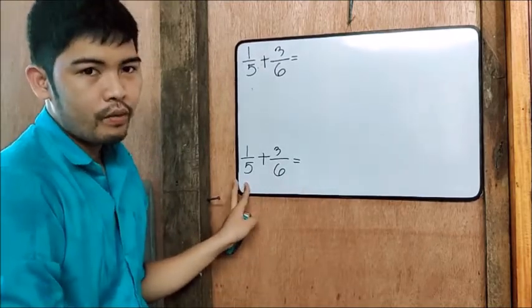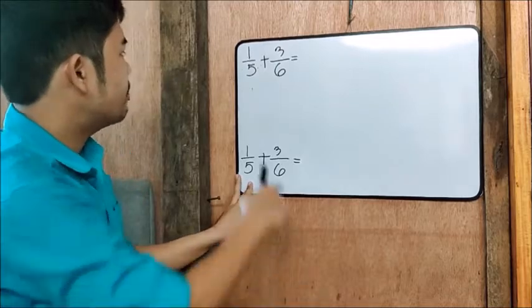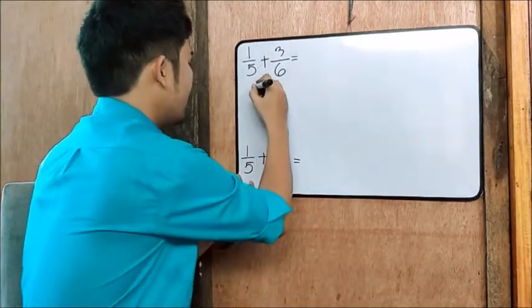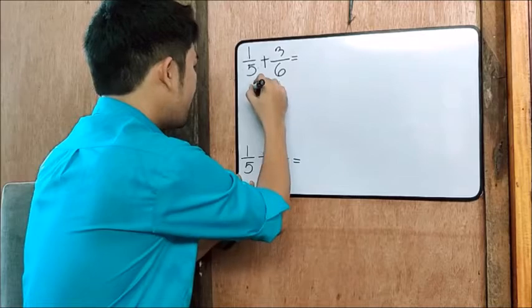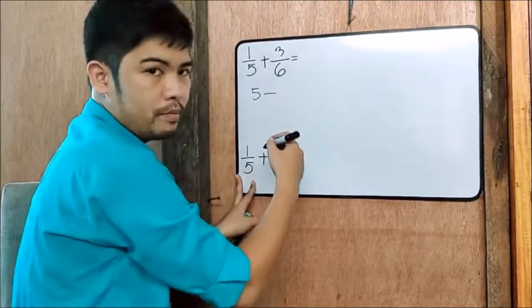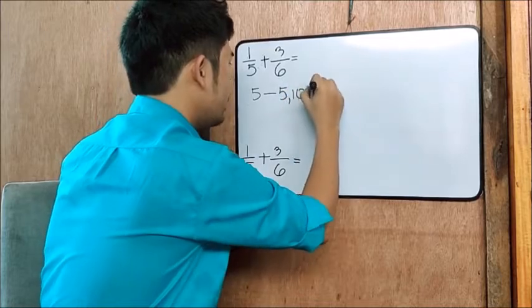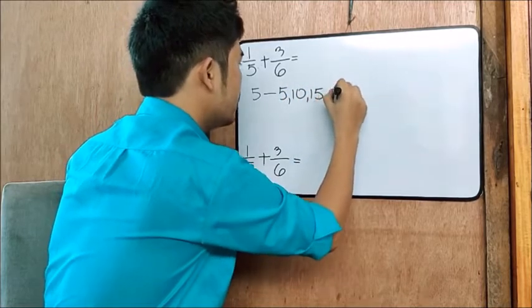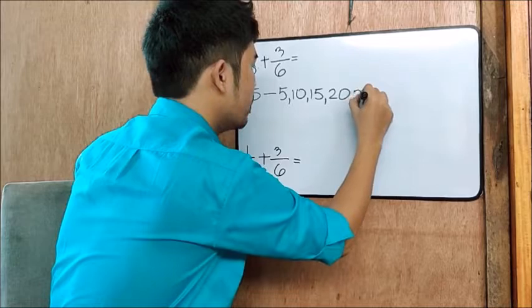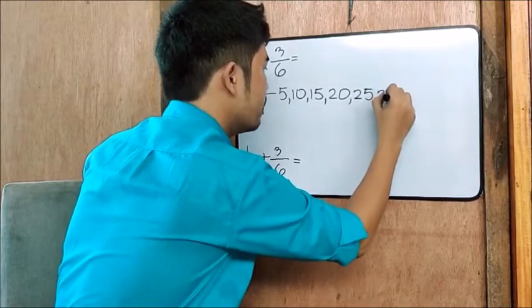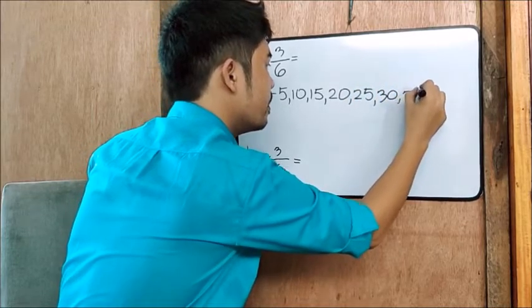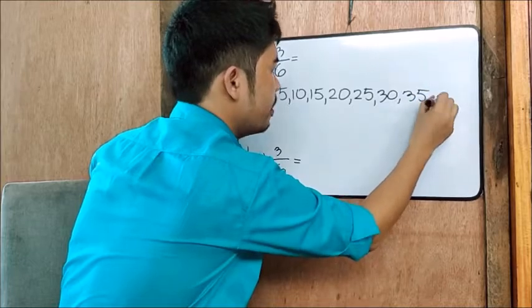And to do that, we must list first the multiples of the denominators. For 5, these are the multiples of 5: 5, 10, 15, 20, 25, 30, 35, and so on.